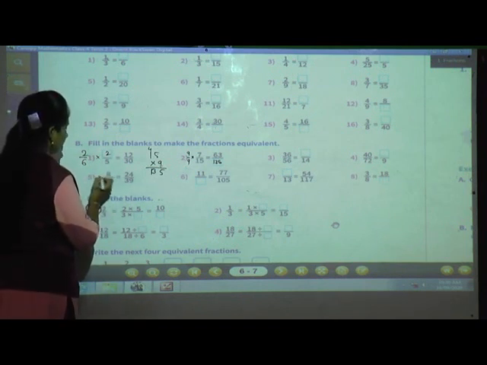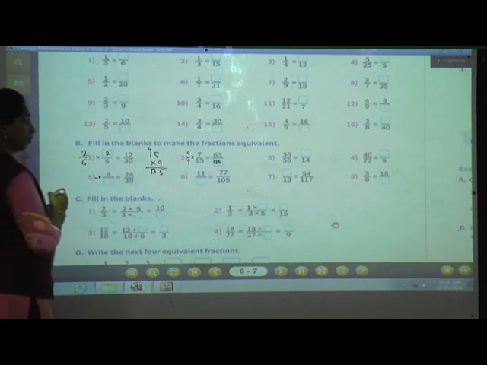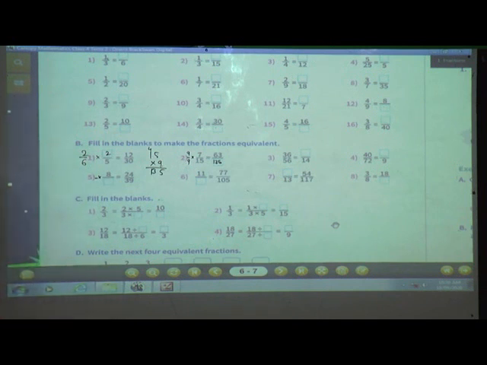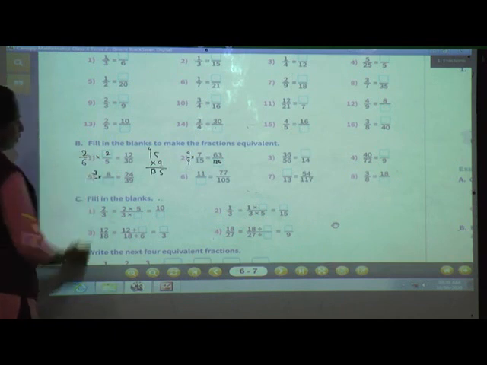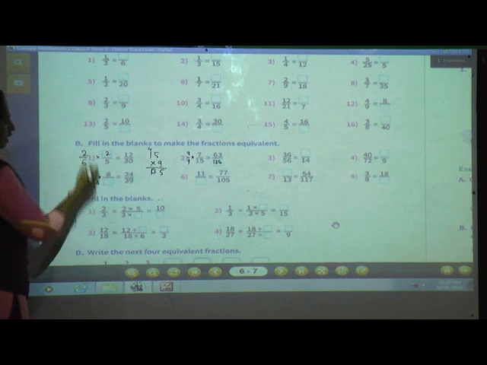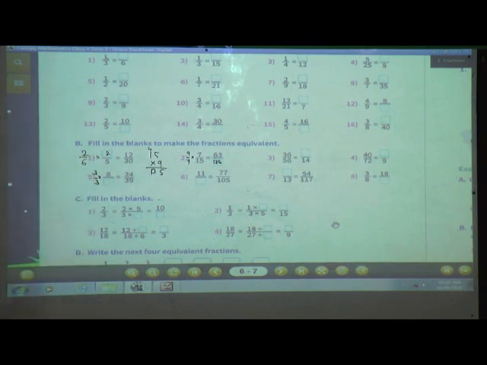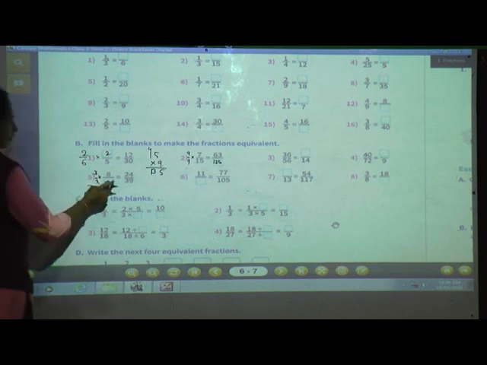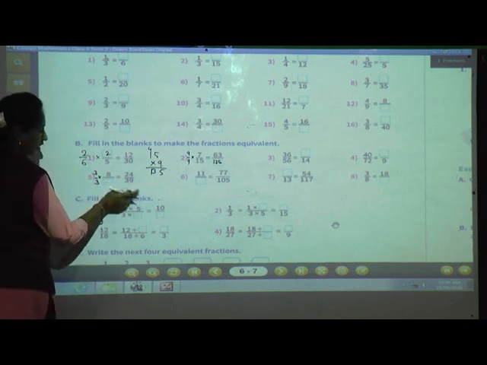Which number if we multiply with 8 we get 24? 8 3s are 24. Isn't it? So again we need to take 3 here also. So which number we multiply with 3 to get the 39?